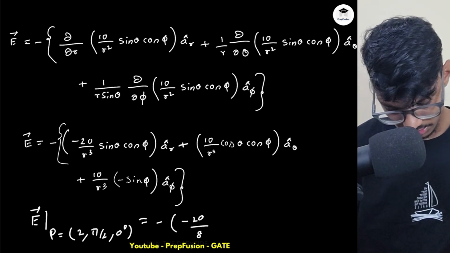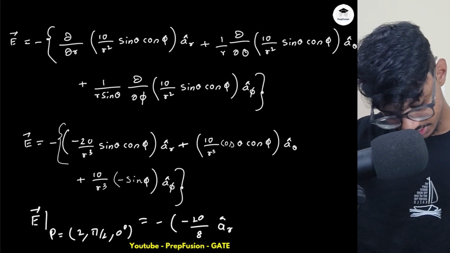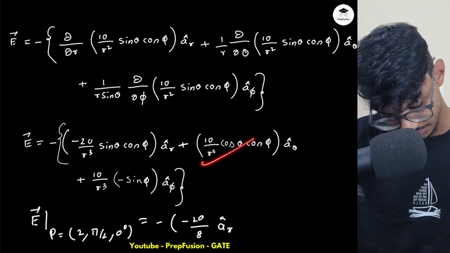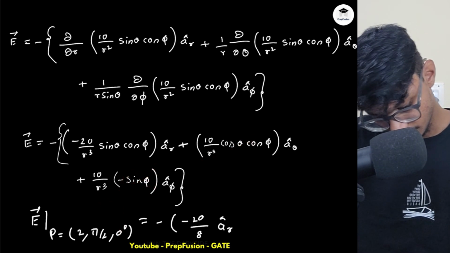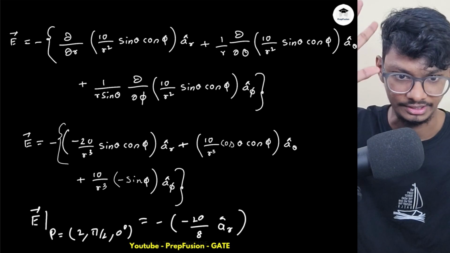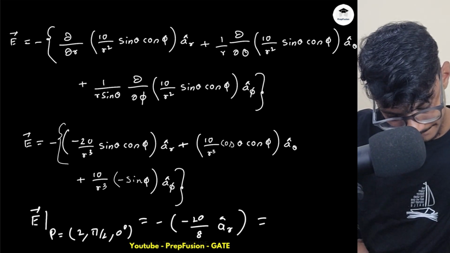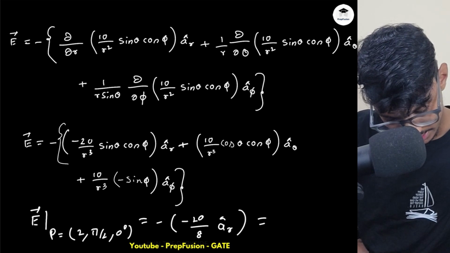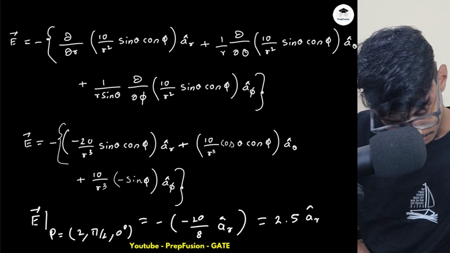So this will be 8, and AR cap. Now if this is 90, this expression goes away, this is 0, and if this is 0 degree, this expression also goes away, so I am left with only the AR cap direction. So this will become 20 by 8, or I can say 5 by 2, or I can say 2.5 AR cap Newton per coulomb.